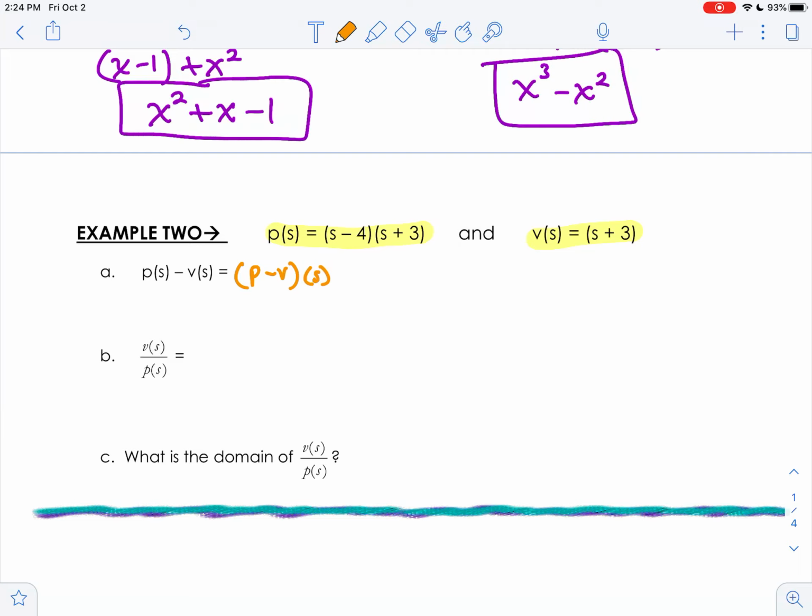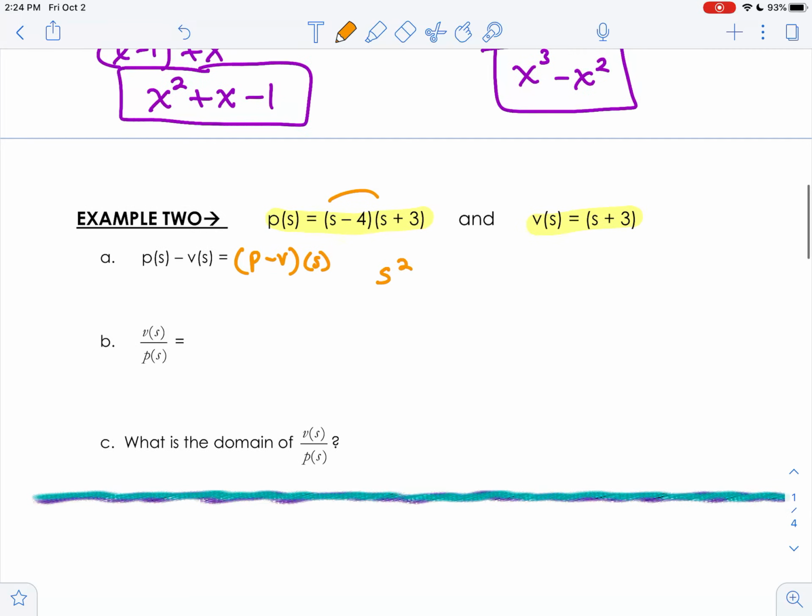But the easiest way to subtract would probably be to FOIL first. So I'm going to take s times s and get s squared, and then 3s take away 4s is negative 1s, and then negative 12. So that's p of s, and we want to subtract off v of s, so we want to take away s plus 3.